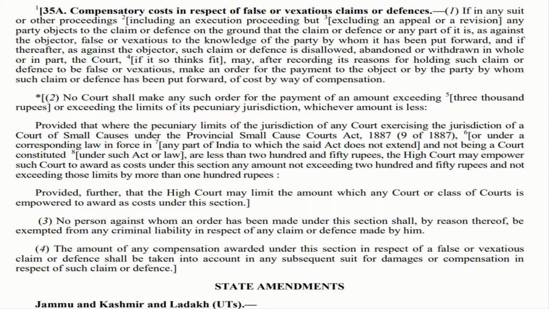The High Court can empower the court to award a cost of more than 250 rupees, and that excess shall be within 100 rupees. To put it simply, the court can go up to 350 rupees. Generally, they should limit themselves to 250 rupees. But in certain cases, they can cross 250 rupees and reach up to 350 rupees.